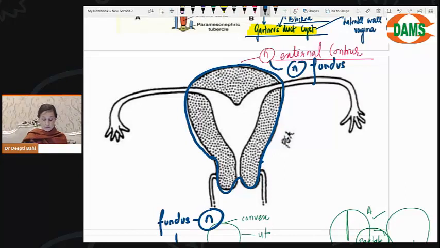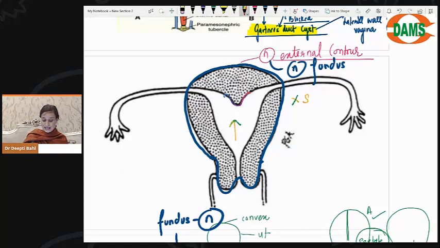But who is going to tell me what the finding here is? If you look at the inside, there is a small projection from the fundus.